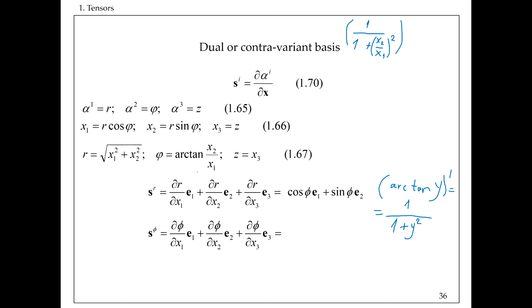And now we need to take the derivative of the argument x2 divided by x1. So x2 of course survives, but we also have x1 to the power minus 1, so that will be x1 to the power minus 2, with a minus.